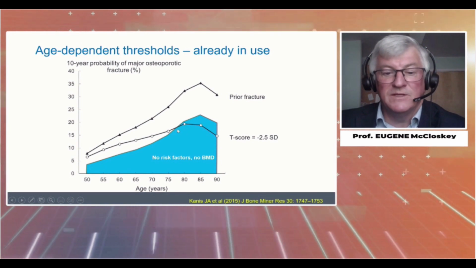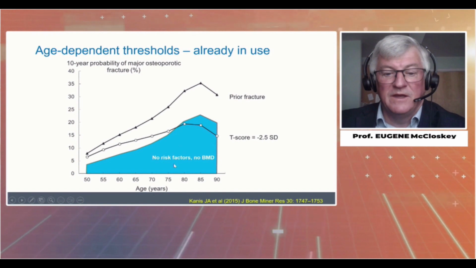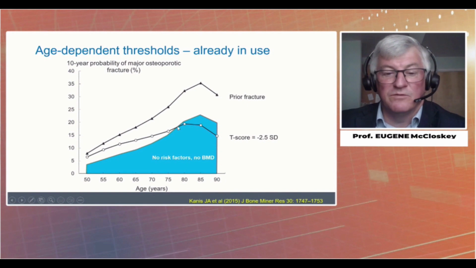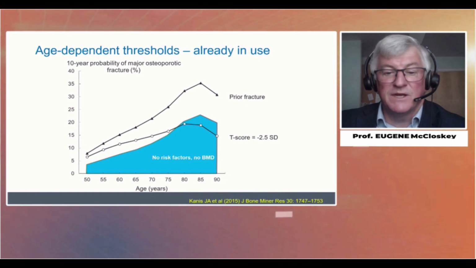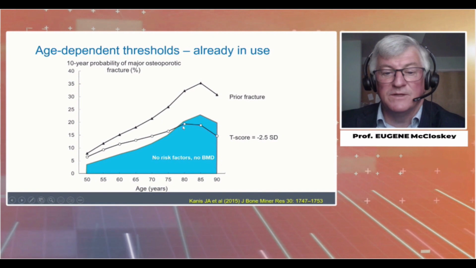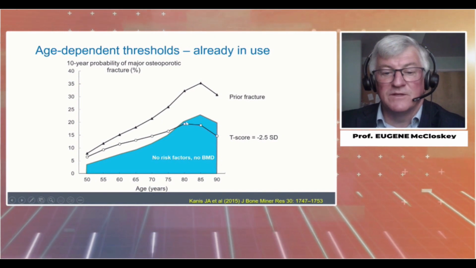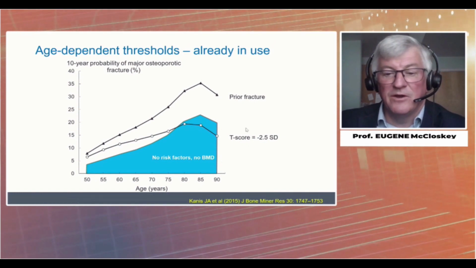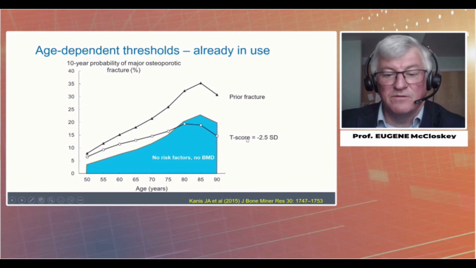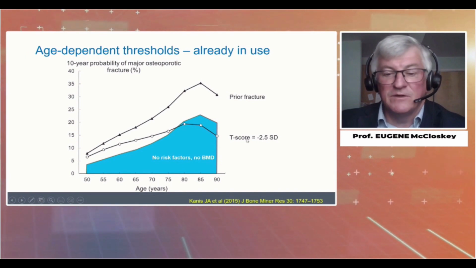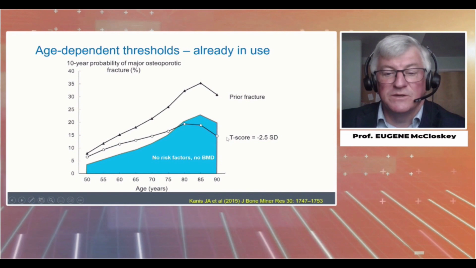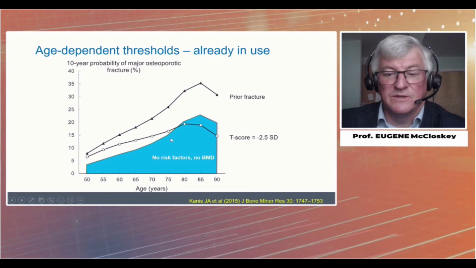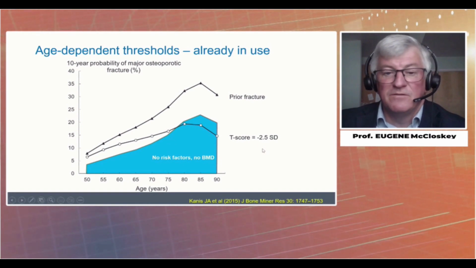But you can see at older ages, and in this example from the UK, around the late 70s, having a T-score of -2.5 is somewhat protective. You have a lower fracture probability than the population without risk factors, because the age-dependent decrease in bone mineral density has occurred around that T-score of -2.5, which has remained fixed and is therefore better than the average bone mineral density in the remainder of the population. So we've been using age-dependent risk thresholds, using a T-score of -2.5, for many years.